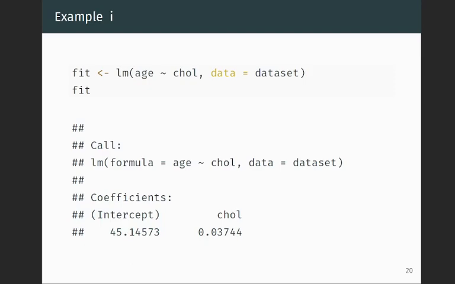So we get the intercept as before, and then cholesterol, the estimate being 0.037. And remember, this corresponds to the difference in means for two subgroups. So the difference in average age in two subgroups whose cholesterol level differ by only 1 unit.